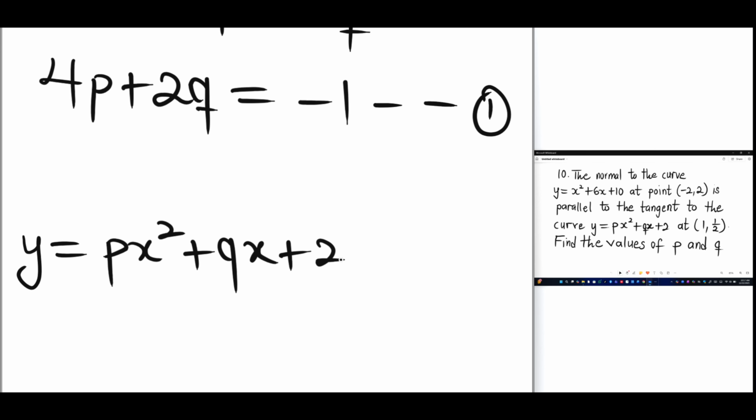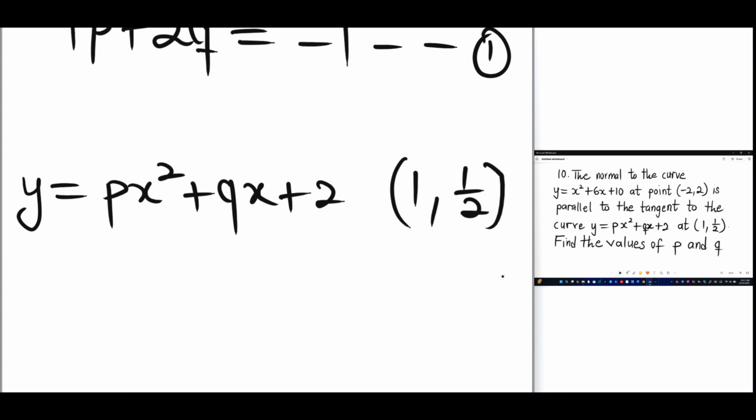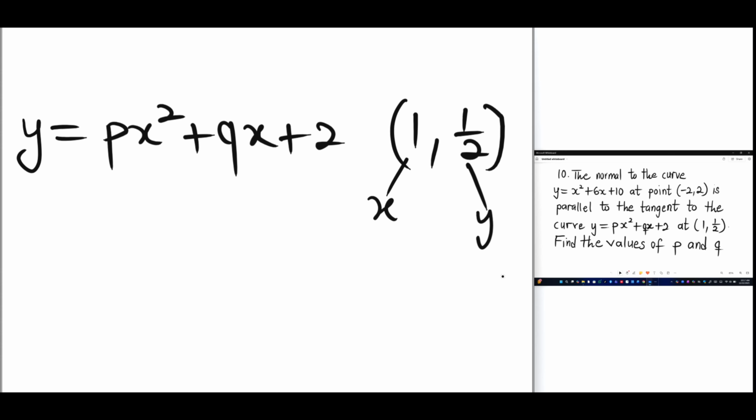And there's a point on the function with x coordinate of 1 and y coordinate of half. Anytime you have a point on a curve or on a line, the given point must satisfy the given curve or the given line. So from this point, our x is equal to 1 and our y is equal to half.